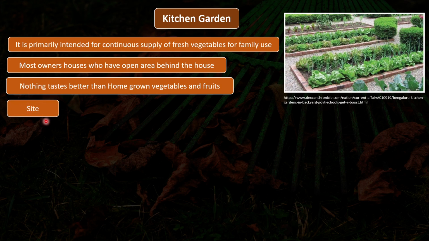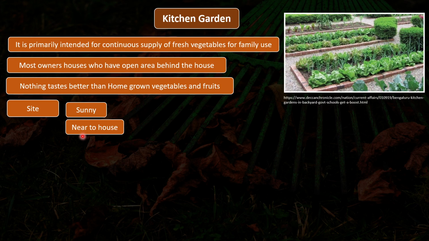So the first and foremost thing for any type of garden is the site, right? What should be the site for a kitchen garden? First of all, it should be a sunny area, right? All the vegetables usually require sunlight. So choose a site which gets full sun, and obviously it should be near your house because you have to carry out all the activities from your house itself.